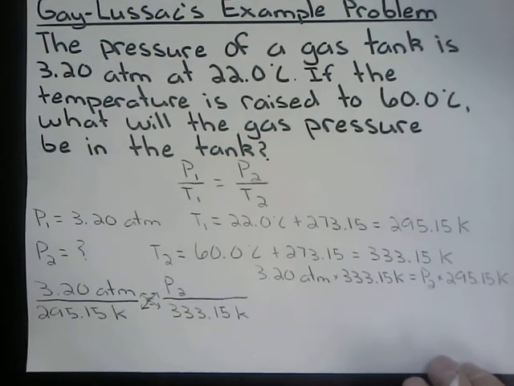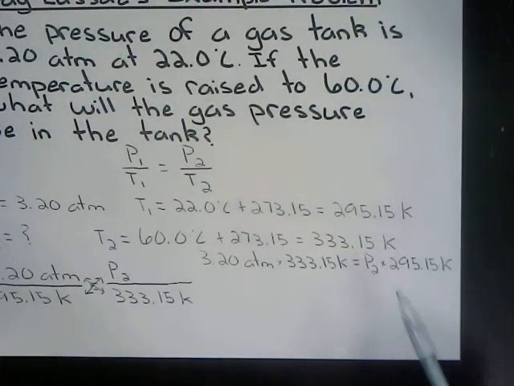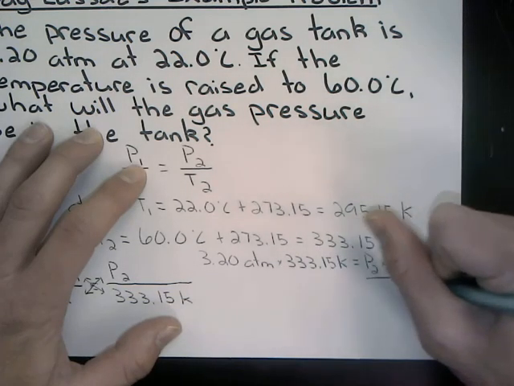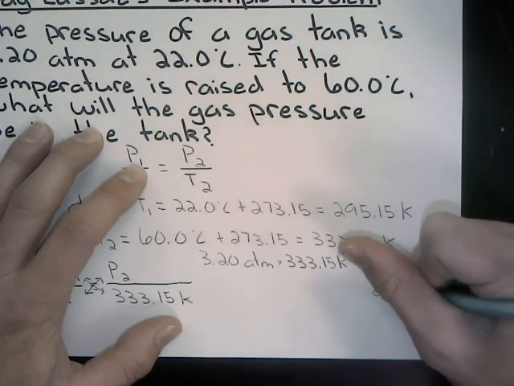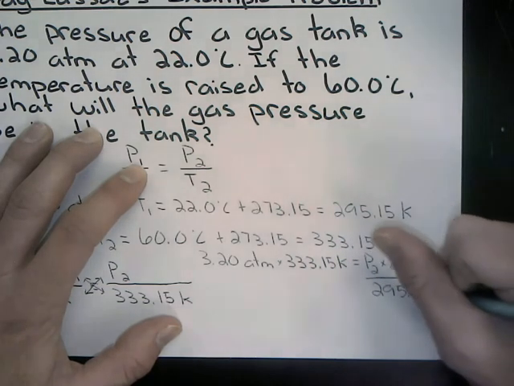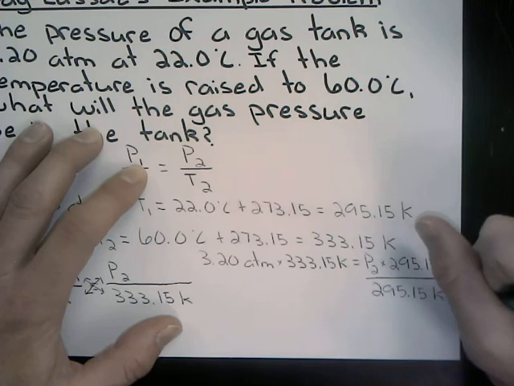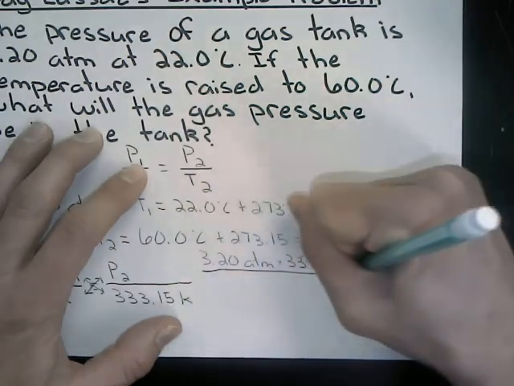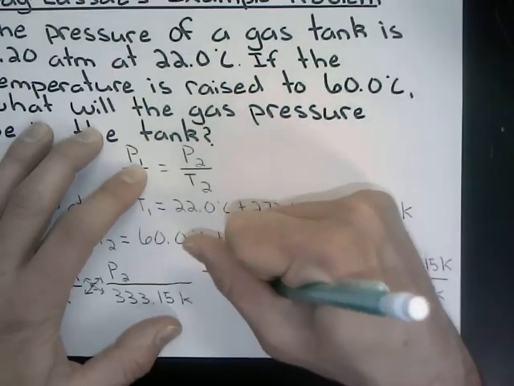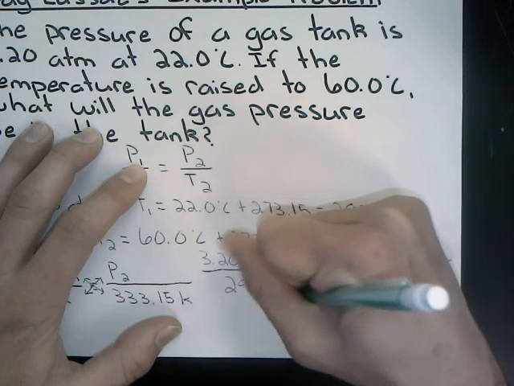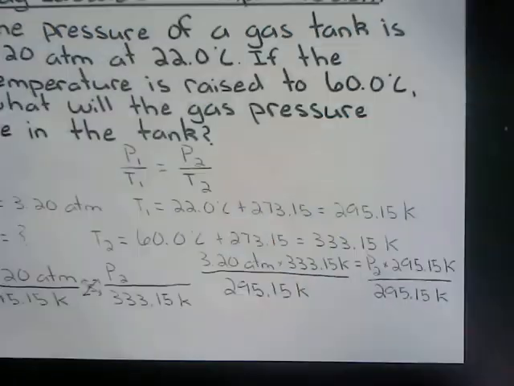And so then I ask myself, okay, we've got to get P2 by itself. It's attached via multiplication with this 295.15. So we divide each of those sides by 295.15 K. And so what I'm going to do in my calculator is this.